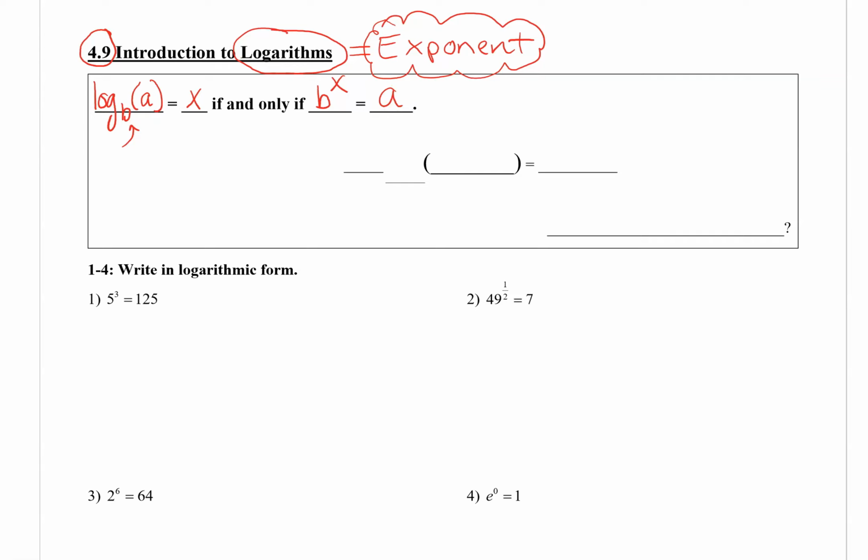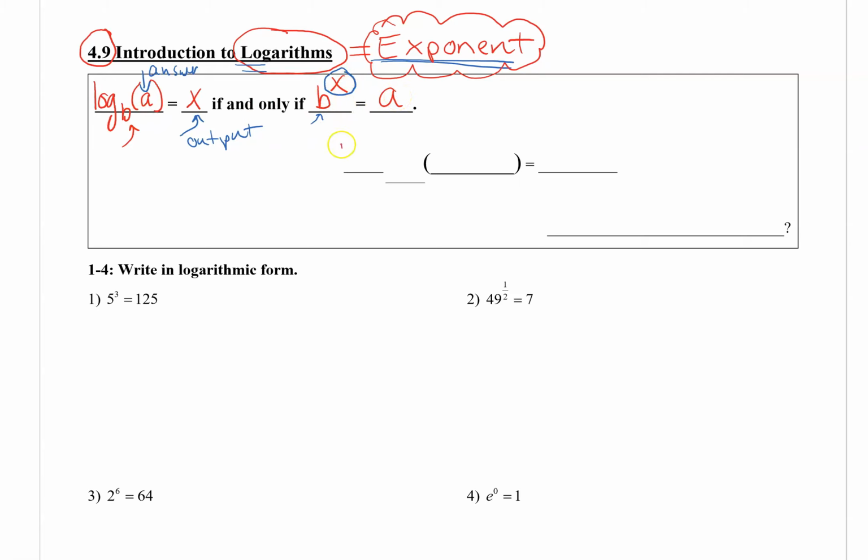So you can see that the output of the log is equal to the exponent. The log equals the exponent. The thing that was inside the log is the result. We call it the answer. What you get after you take that base b and raise it to the power of x.